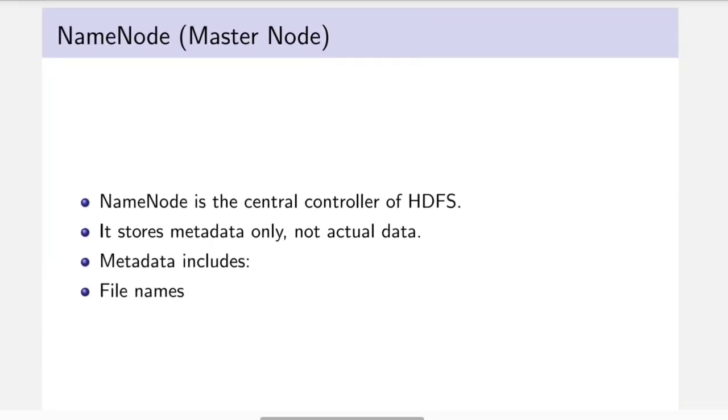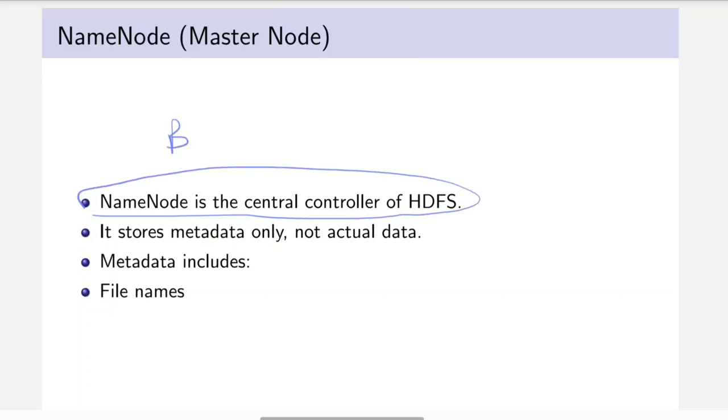Now moving on to the name node. So what is the name node? The name node is the main controller of HDFS, or we can say the brain of HDFS. It does not store student marks.